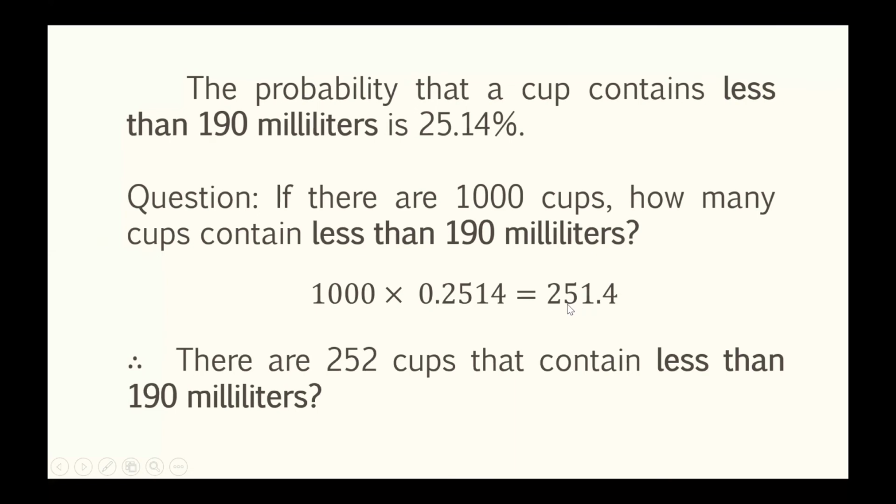When we say round up, we are going to get the next integer. Kahit pa 0.4 yung decimal. Okay? So there are 252 cups that contain less than 190 milliliters. So yung 25.14% sa 1,000 ay 252 cups.